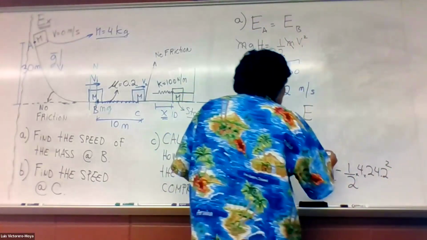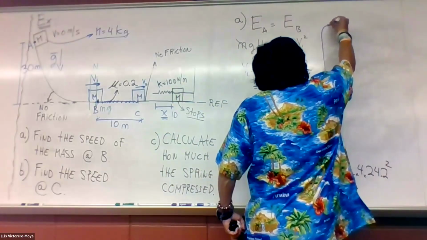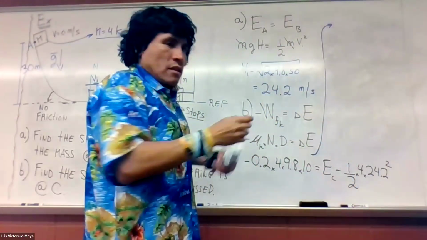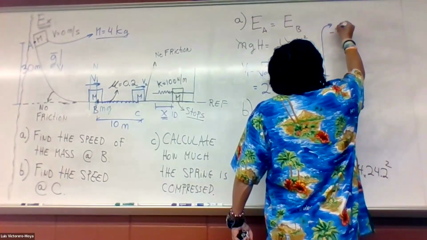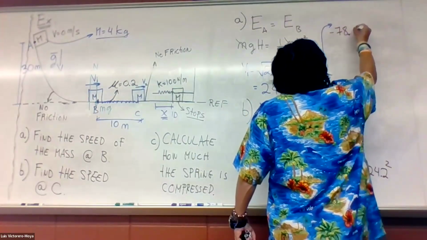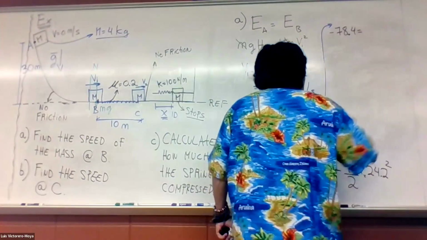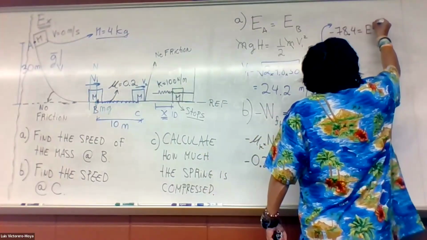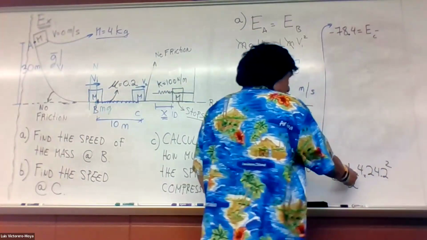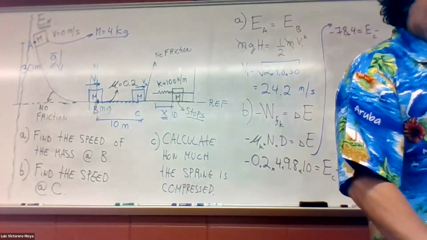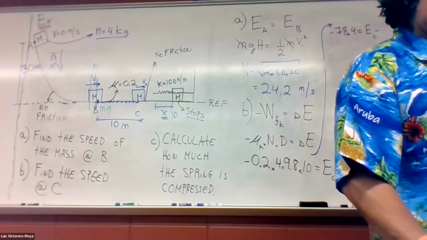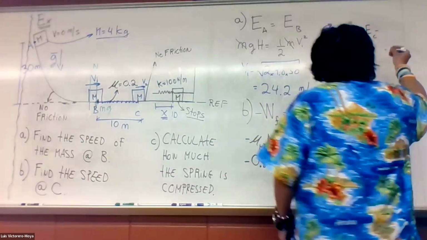So, all this will be negative 78.4. That is the energy on C minus this: 1/2 times 4 times 24.2 squared, 1,171.28.